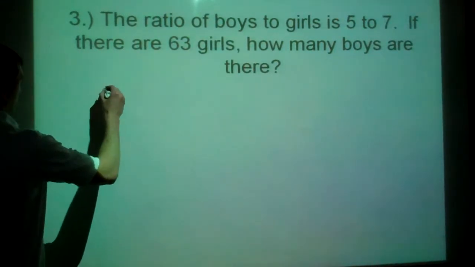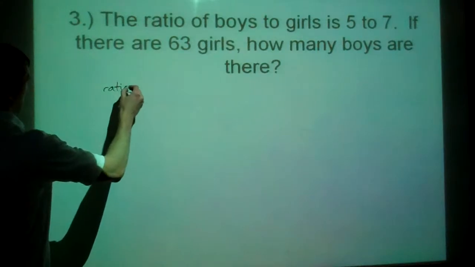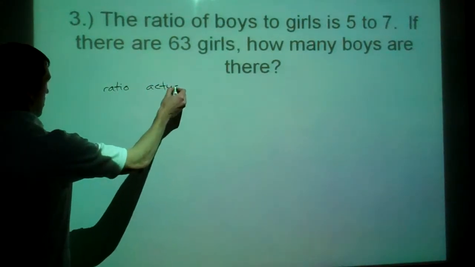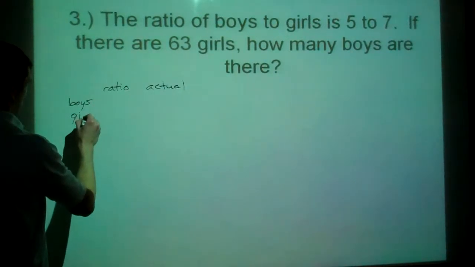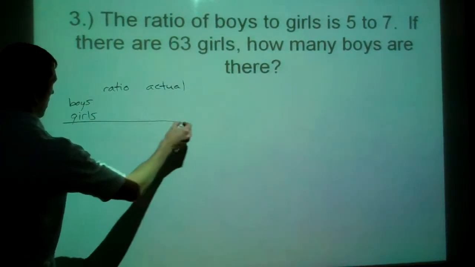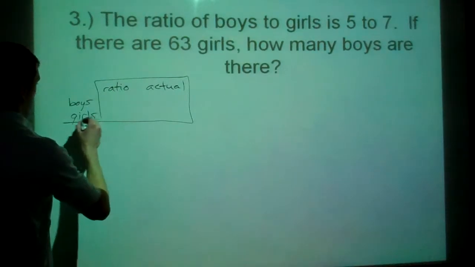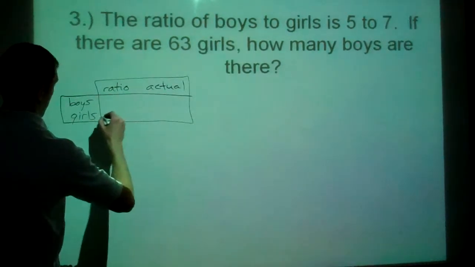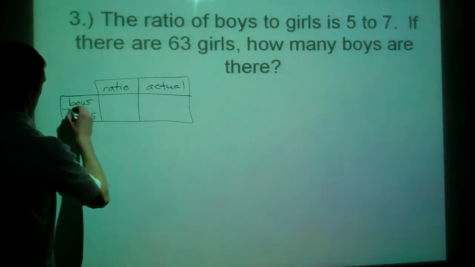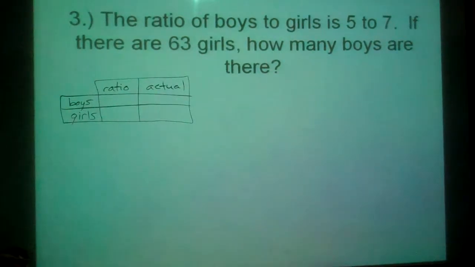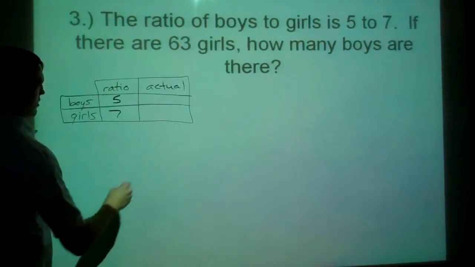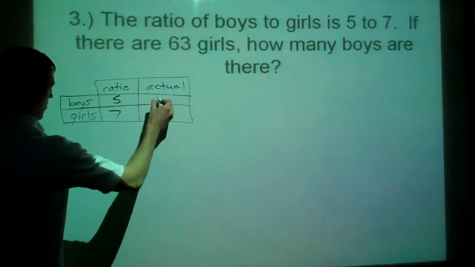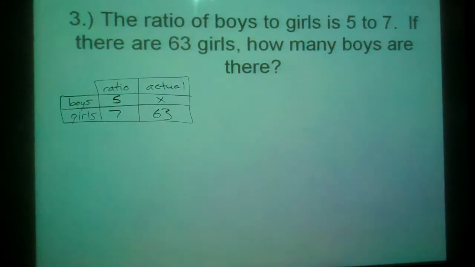So we have ratio, actual, boys, girls. And we fill in what we know. So boys to girls is 5 to 7. We know there are 63 girls. How many boys are there? That's what we're searching for.